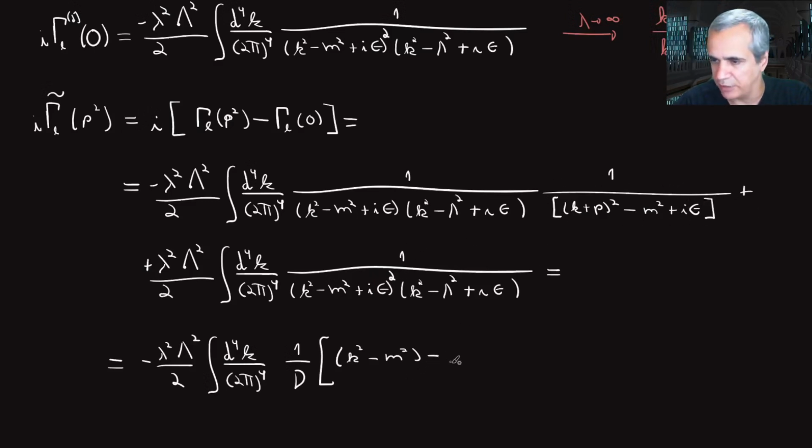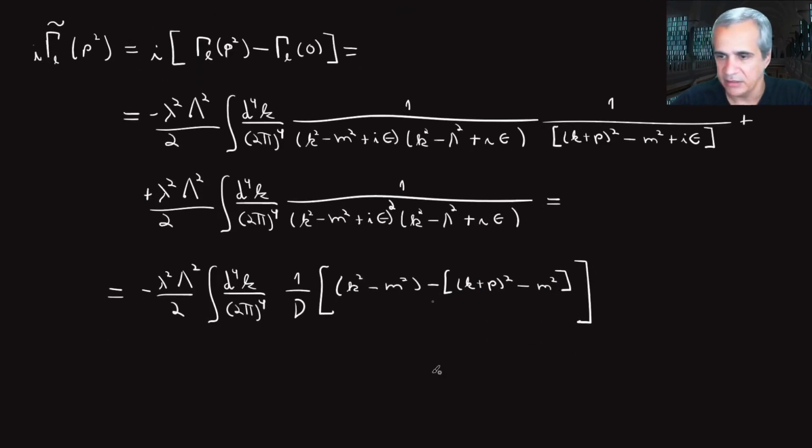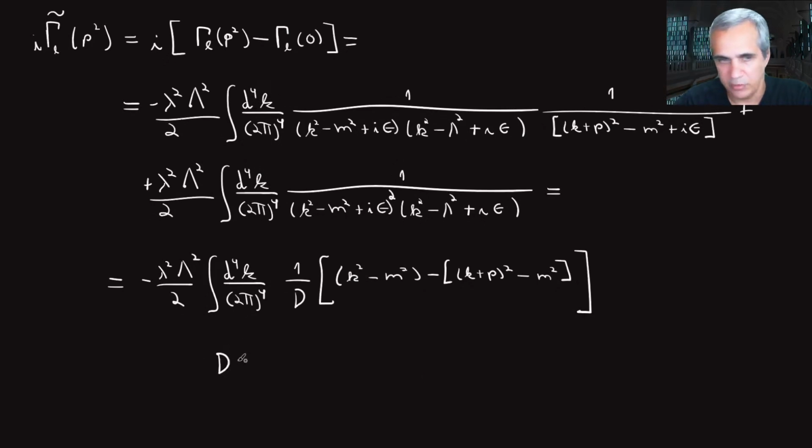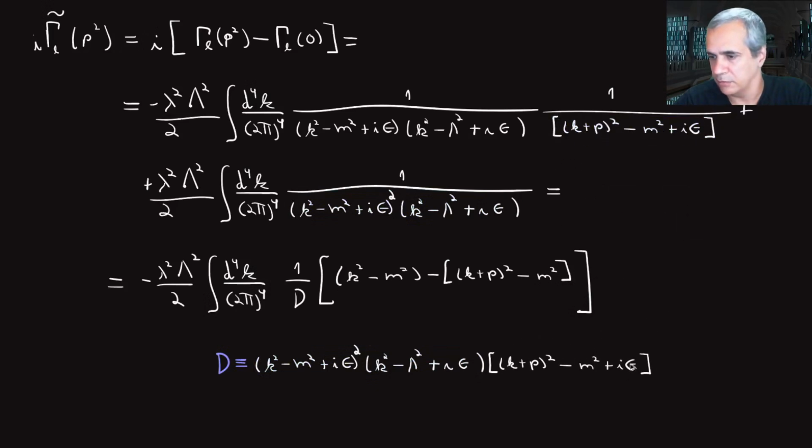So this is minus just this, where d is just the common denominator defined like this. So it's this thing right here times this one. So this is d, and the numerator I can simplify a little bit further.